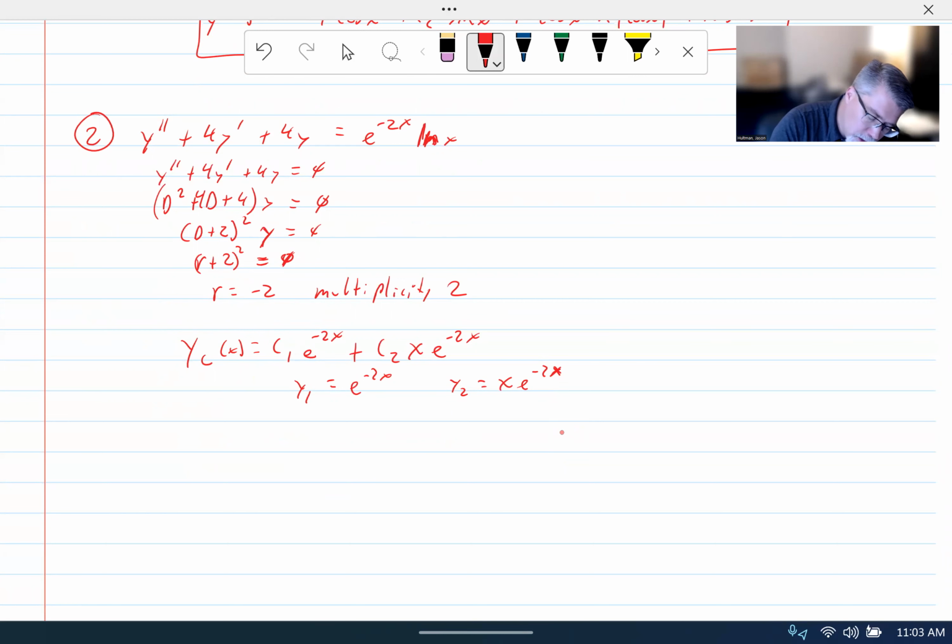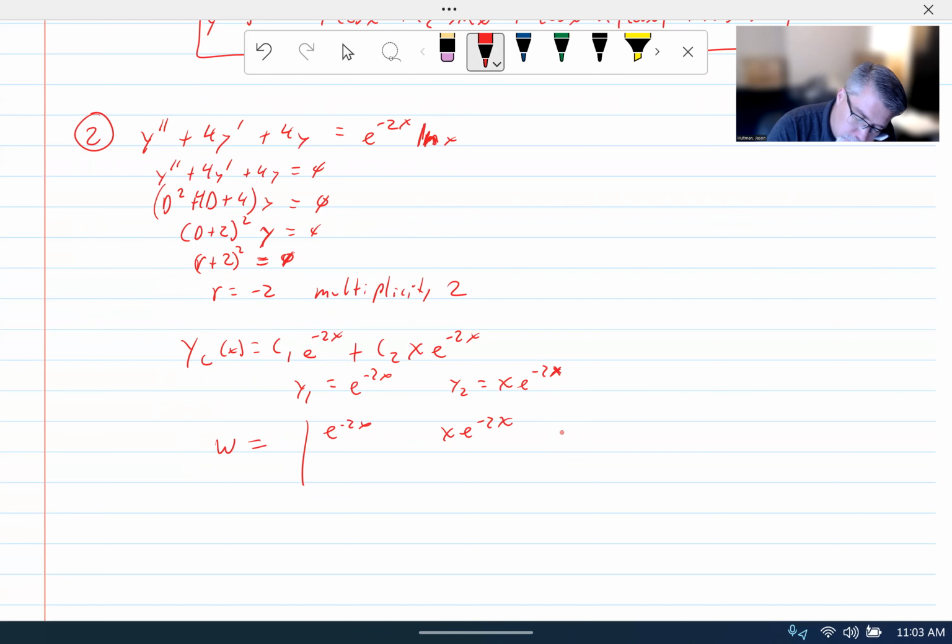Okay, so let's get our u's and our Wronskians. Let's do the Wronskian first. The Wronskian is going to be e to the negative 2x, x e to the negative 2x.